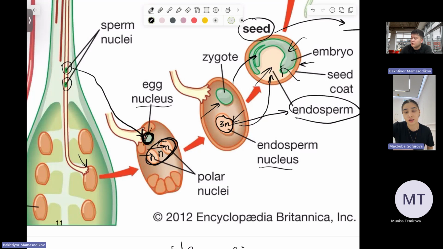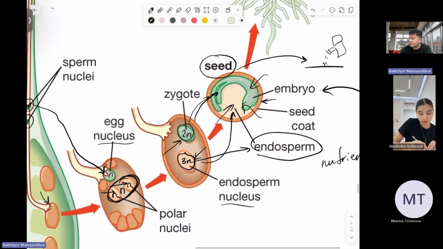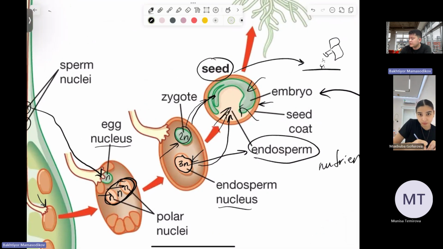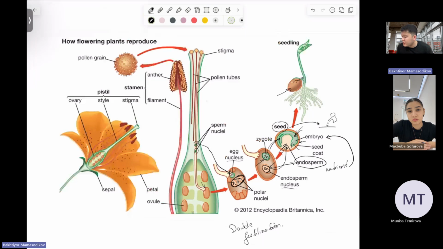And in the egg nucleus, this is n, this is also n, and they will form two n. From this, they will form the embryo. This is the endosperm, this is the embryo. I don't know clearly everything, but when I studied that, this was the answer.